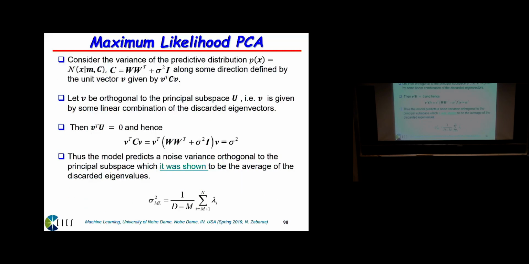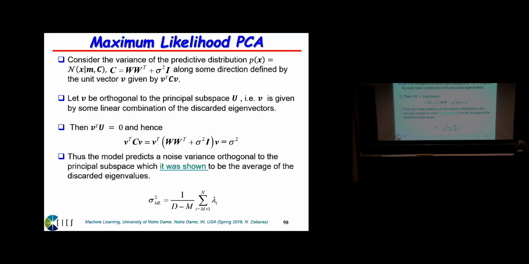Let's do a few simple calculations to see the meaning of these equations. I remind you that our predictive distribution had a mean mu, I should use the Greek mu here, and this was the covariance matrix. If you want to compute the variance of this distribution in any direction v, the variance is v transpose C v.